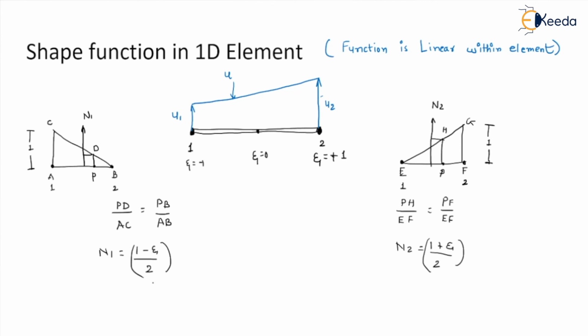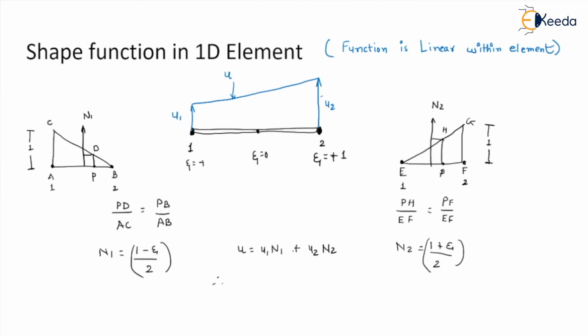Now total u is a combination of u1 into n1 plus u2 into n2. Here capital N1 and N2 are the shape functions and u1 and u2 are the displacements.